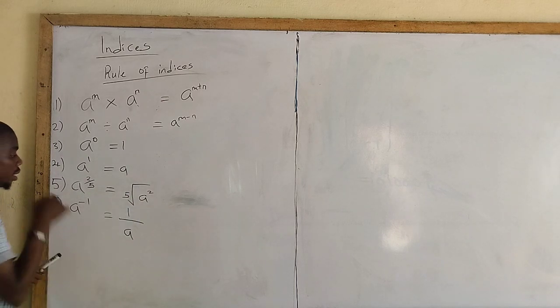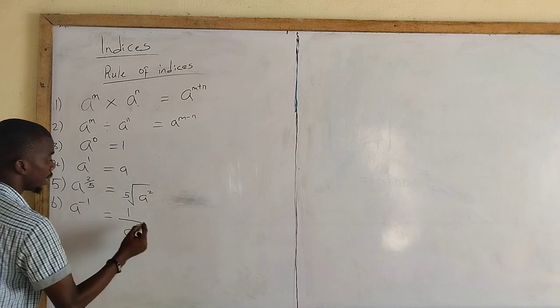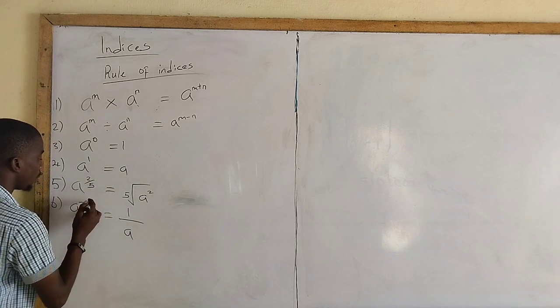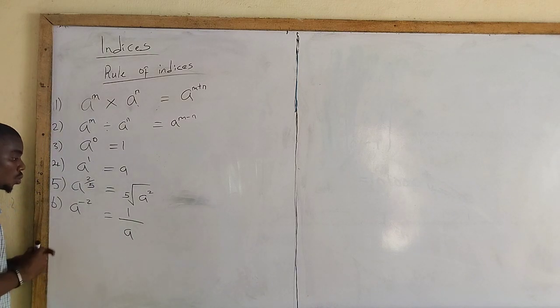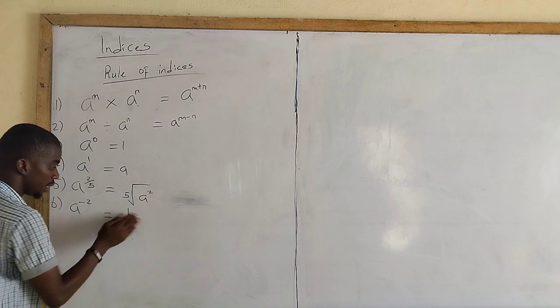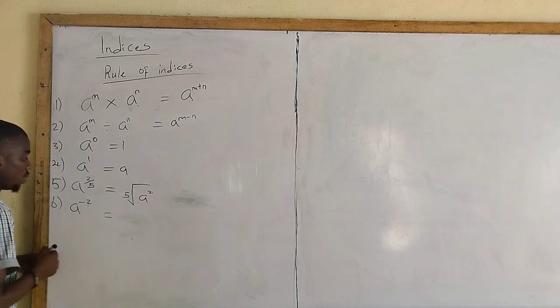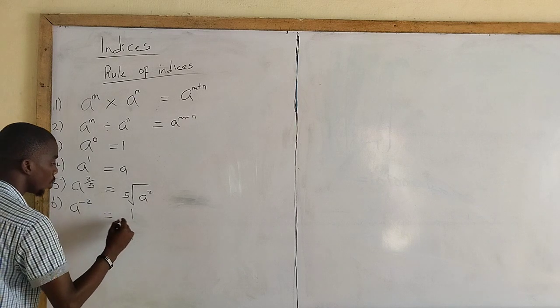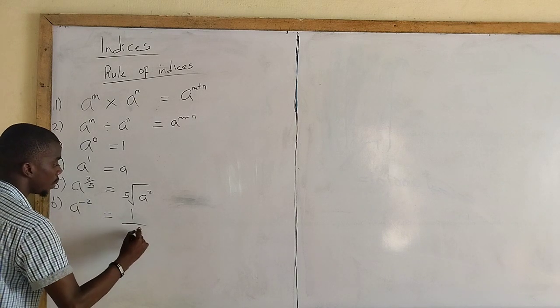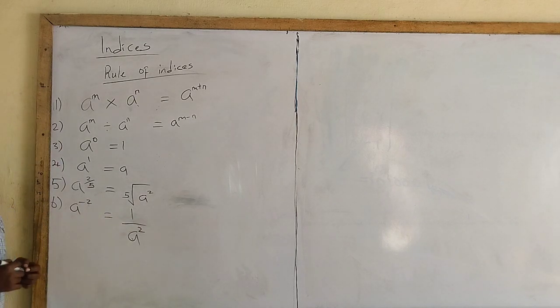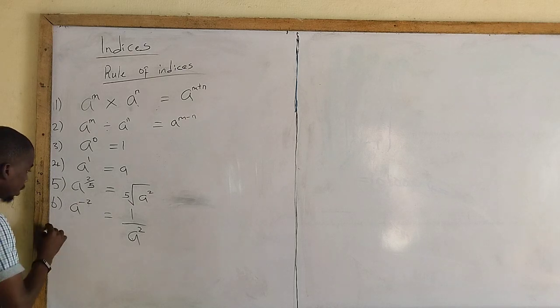But what if we had the number raised to the power of 2, not 1? This is how it will be. It will be 1 all over a raised to the power of 2. All right. Let's move to the next one.